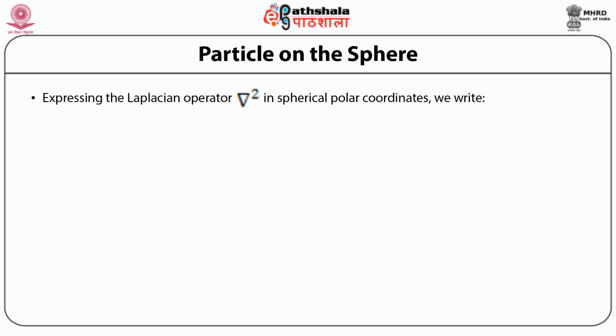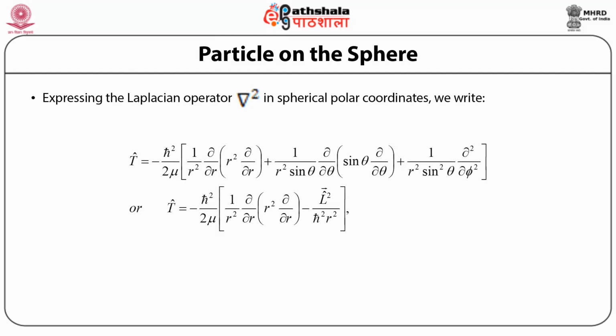Now expressing the Laplacian operator ∇² in spherical polar coordinates, we can write operator T equal to −ħ²/2μ times (1/r² ∂/∂r (r² ∂/∂r) + 1/(r² sinθ) ∂/∂θ (sinθ ∂/∂θ) + 1/(r² sin²θ) ∂²/∂φ²).